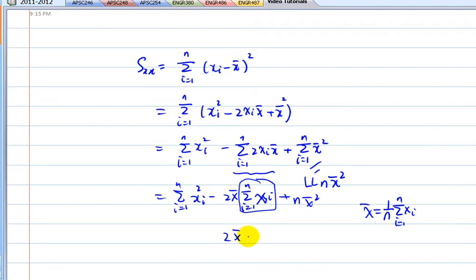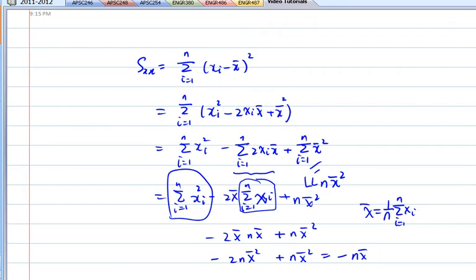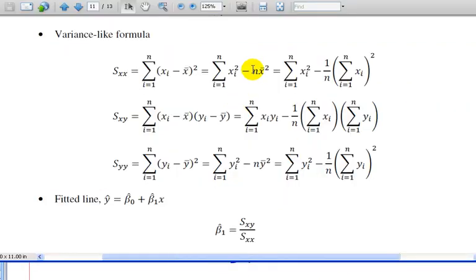So this becomes 2n x bar squared, right? And these two cancel, one of which equals negative n x bar squared. And don't forget this term here. So that's why you get this quantity here. And if you replace this x bar again with 1 over n summation xi, you'll get this one here.